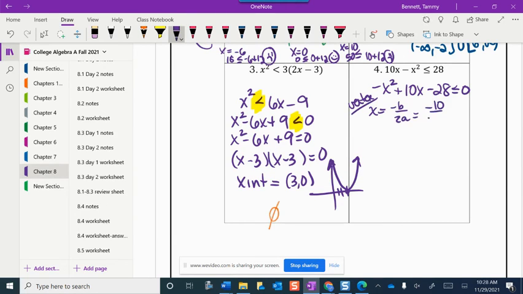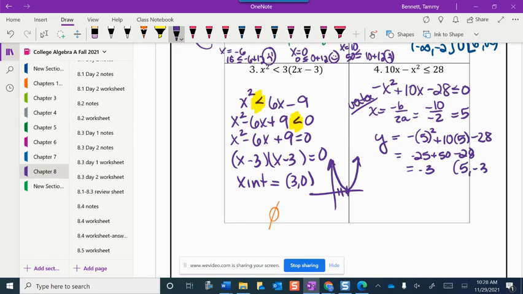So negative 10 over negative 2, which means I get 5. My y then will be negative of 5 squared plus 10 times 5 minus 28. So that gives me negative 25 plus 50 minus 28. So that'll give me 25 minus 28, so I get negative 3. So my vertex is (5, -3).